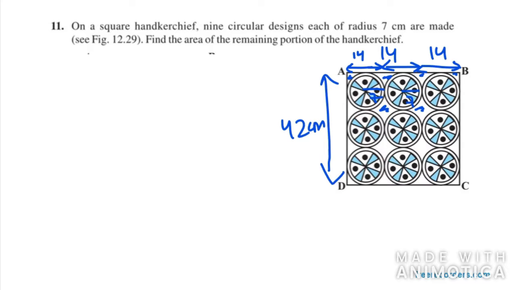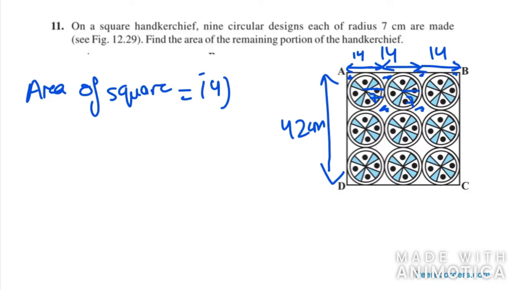So let us find area of square first. So that will be 14 square. 14 square is nothing but, sorry, that will be 42. 42 square, because one side is 42. So 42 into 42 will be 1764 centimeter square. Now we need to calculate area of 9 circular designs here.